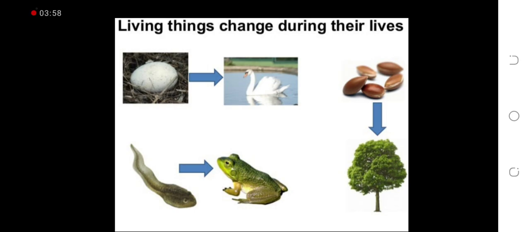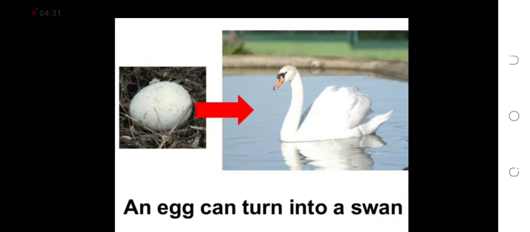As they have different stages, they change during their life. For example, if we take a bird, they hatch from an egg, and after some time they grow into an adult bird. A seed will grow into a tree, and tadpoles will become frogs.